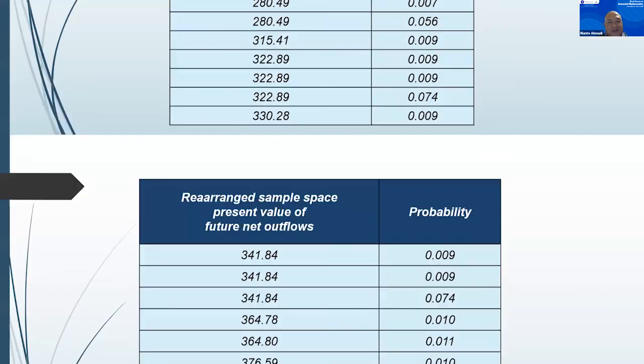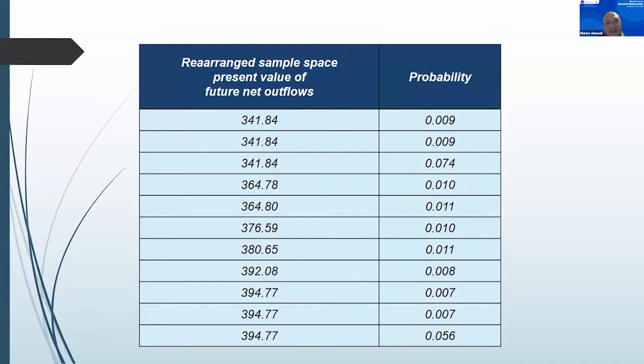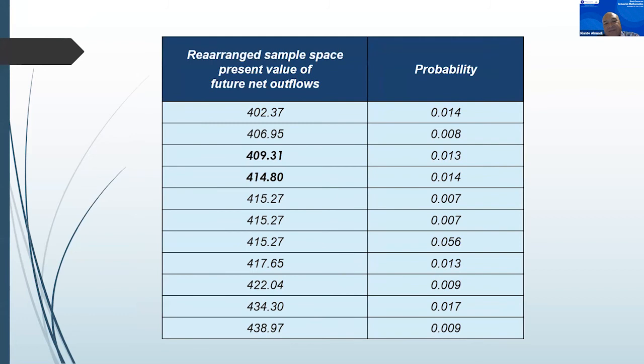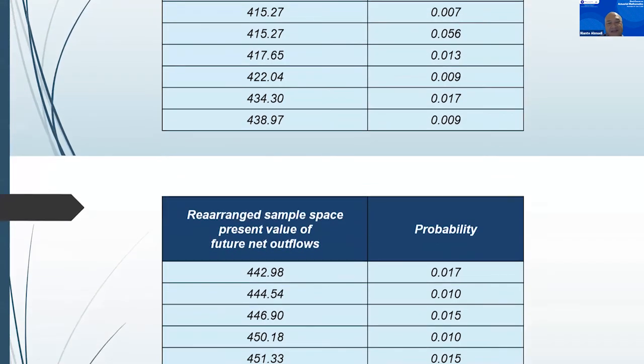Let's continue to the next slide. We're including also the median and the 75th percentile, I guess. So the median is 409.31 or so, and the 75th percentile is 414.80.